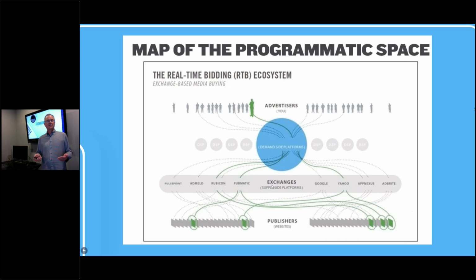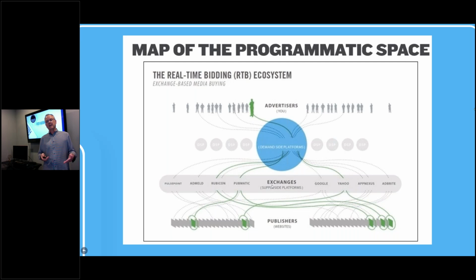We have advertisers at the top, which would be us, our customers, and we're using a demand-side platform, also known as a DSP. This platform allows us to communicate with different exchanges and to place ads on different exchanges.